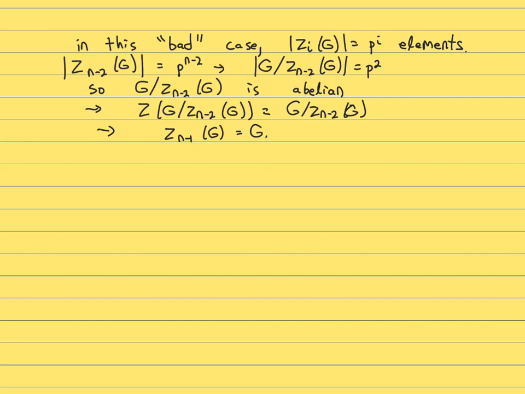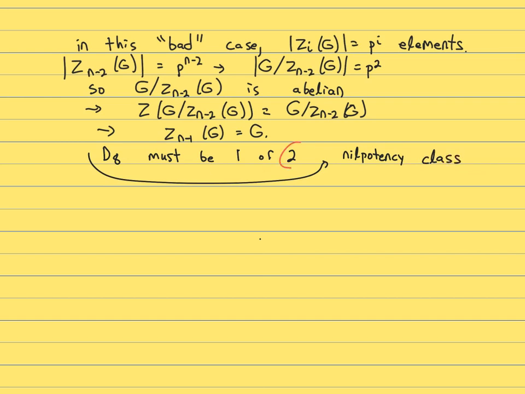In particular, that would have told you in advance that the nilpotency class of D8 must be 1 or 2. And since it's non-abelian, that immediately would have told you it had to be 2. So you would have been able to figure out the length of the sequence before we even calculated it.